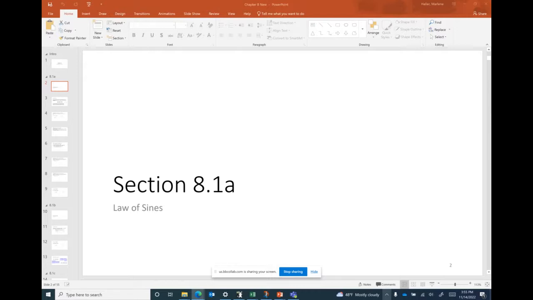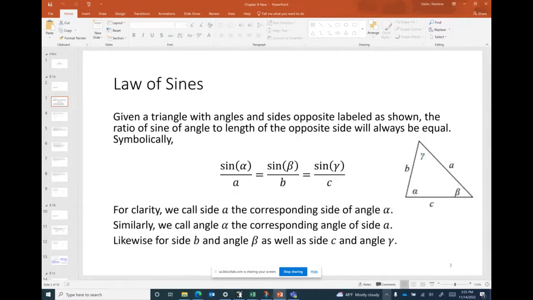The law of sines is used to find angle measures or side lengths of a triangle that does not have a 90-degree angle in it. So the law of sines is for non-right triangles.